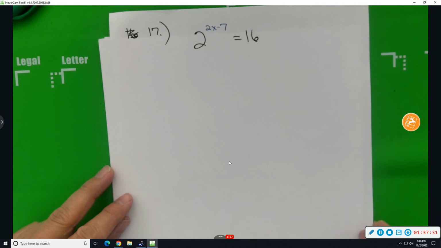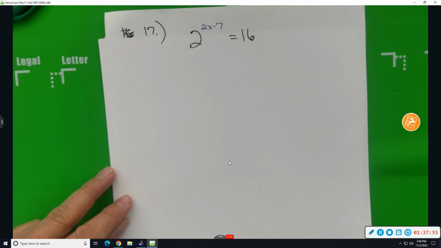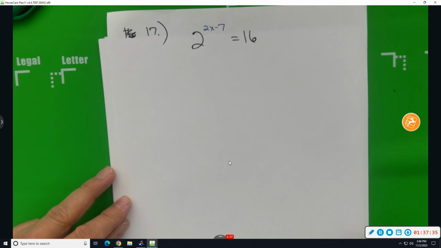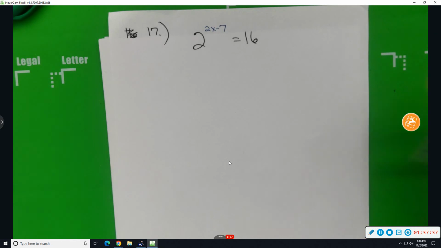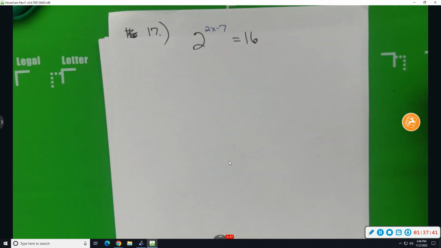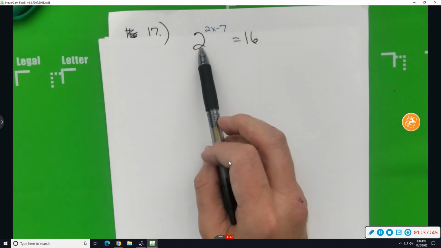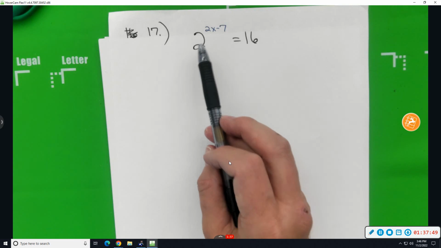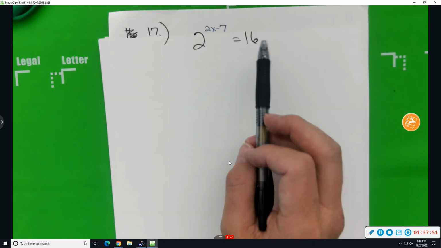Okay, what are we going to use as a common base? I think something's already there. I don't think we're going to have to change both sides. What's this base here? 2. It's a prime number. That's not right to change 2. Oh, wait a minute.